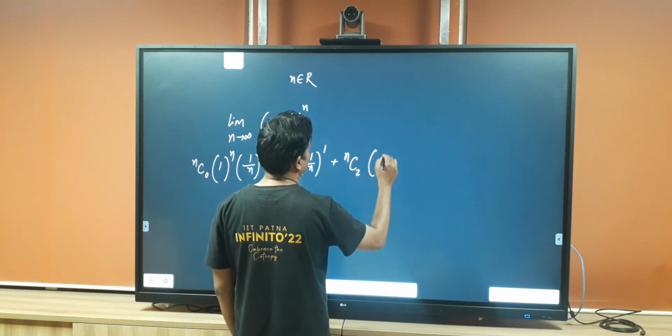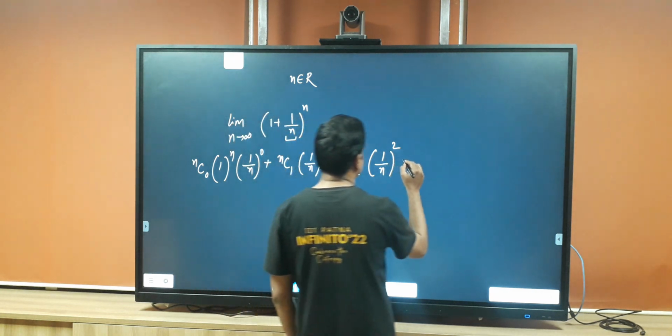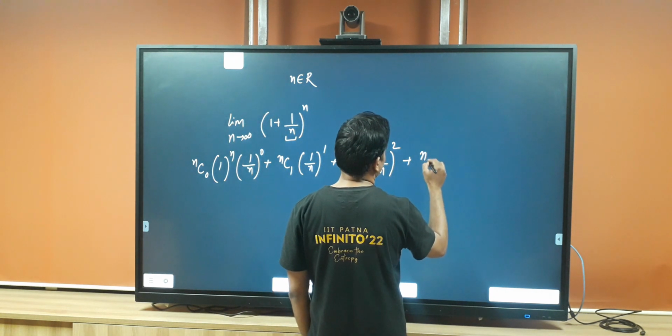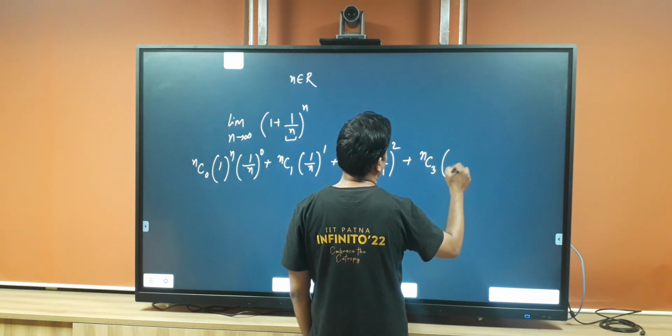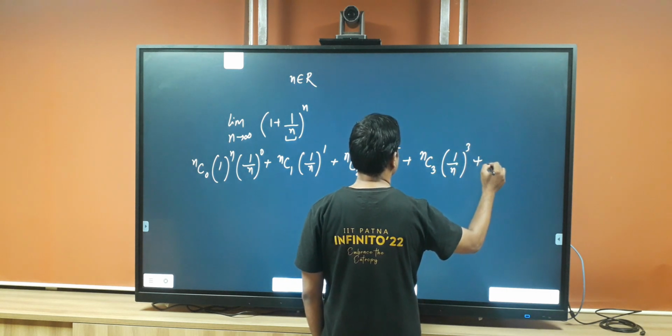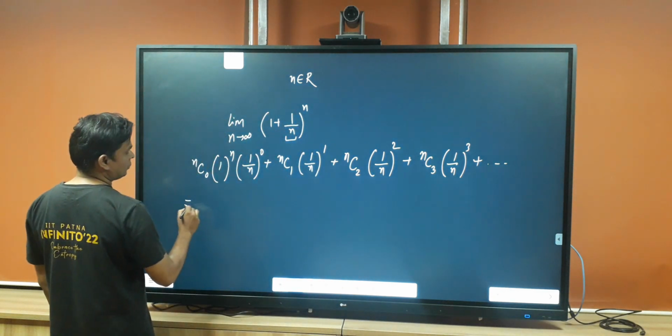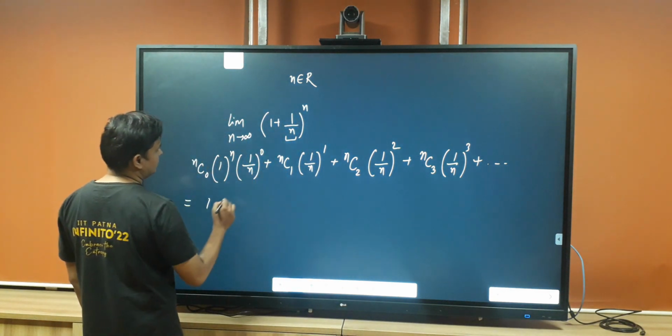nC2 1 upon n square plus nC3 1 upon n cube, like this. Now this will give you 1, this will give you 1.